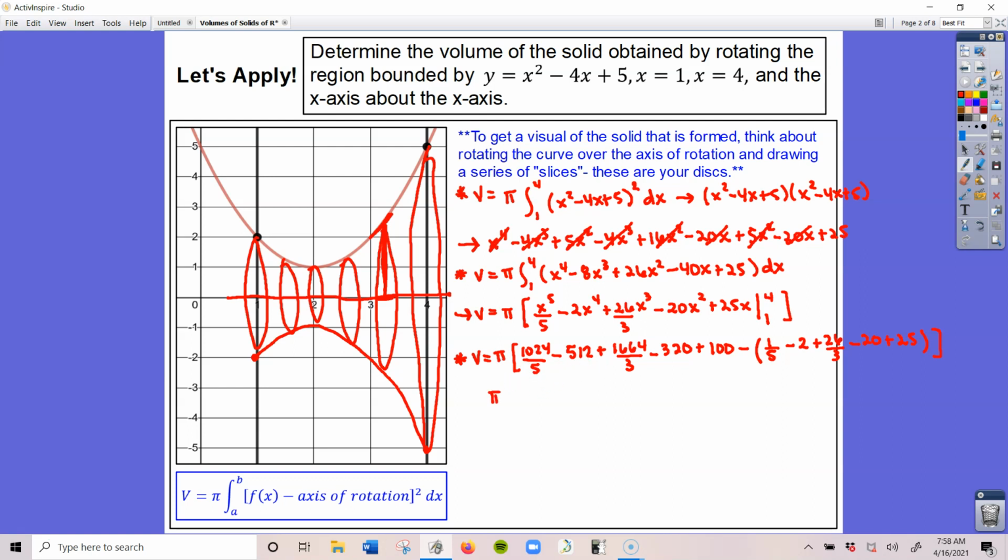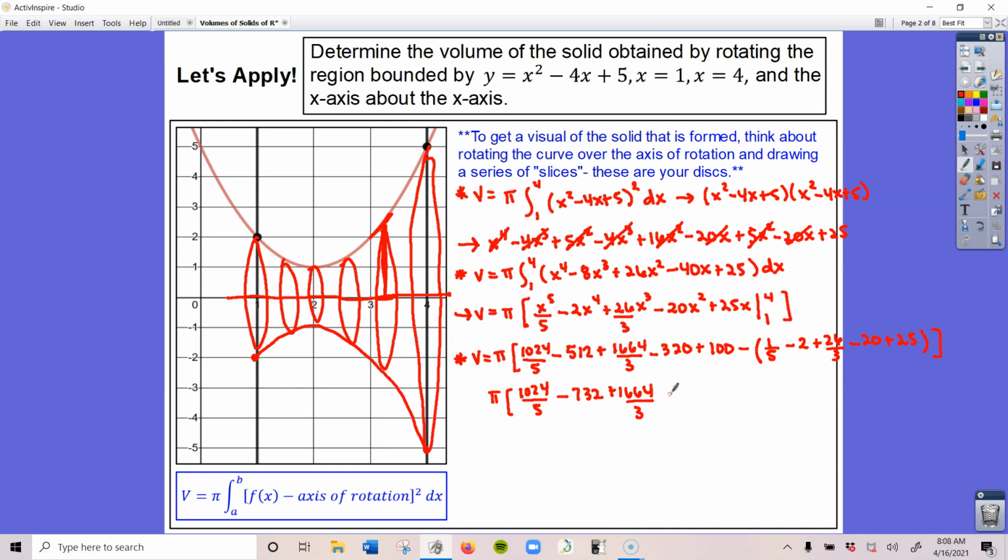So we have the pi. We have the 1024 over 5. I'm going to combine these numbers together. So negative 512 minus 320 plus 100 is minus 732. Then I have this plus 1664 over 3.